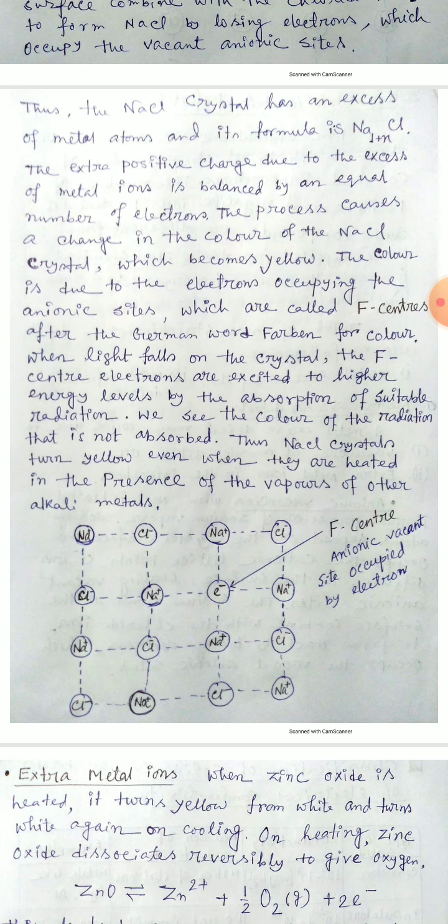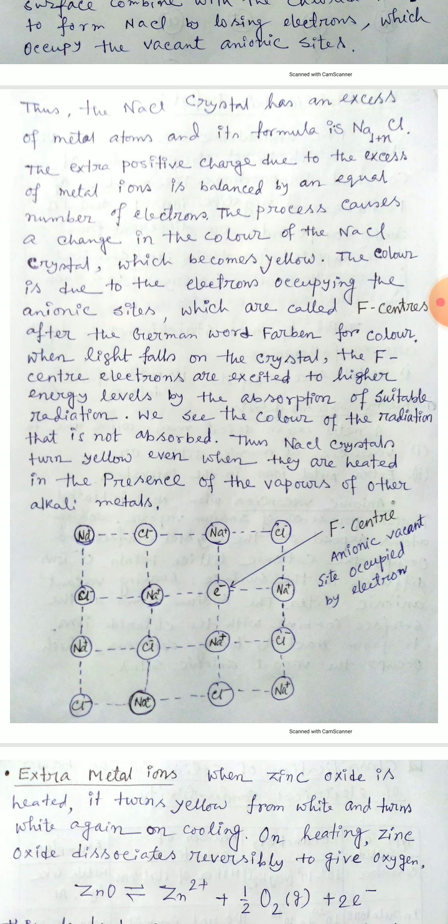So the NaCl crystal has an excess of metal atoms, and its formula becomes Na(1+x)Cl. Here, one sodium cation Na plus becomes excess. The extra positive charge due to the excess of metal ions is balanced by an equal number of electrons.